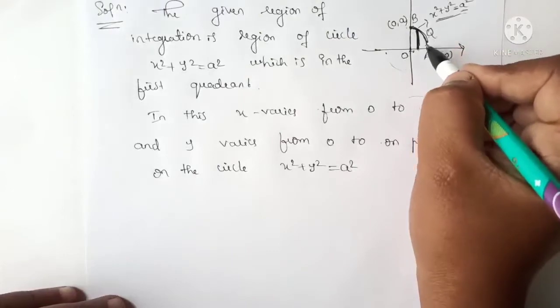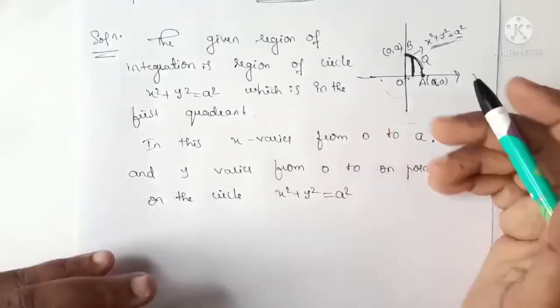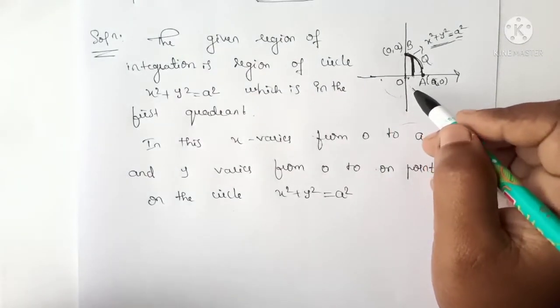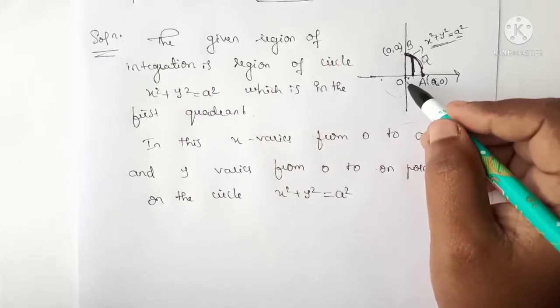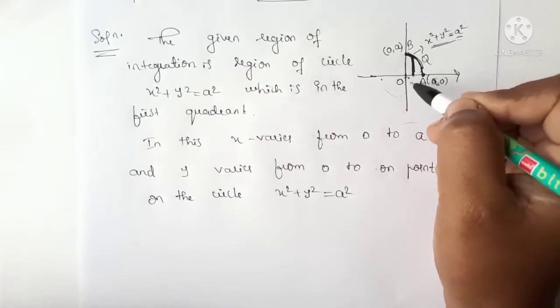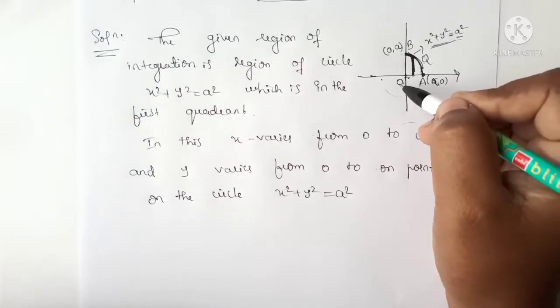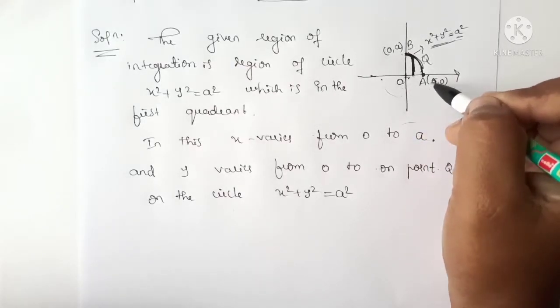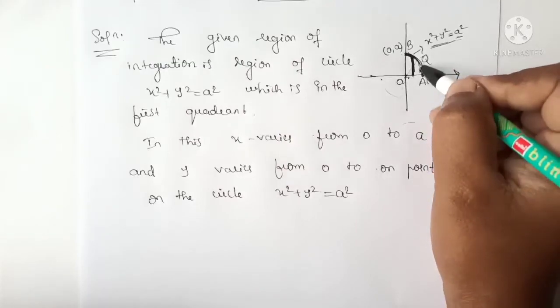So I repeat: if one limit is taken in terms of constant, the other is taken in terms of the given curve. Here I have taken x varies from 0 to a and y varies through this curve.